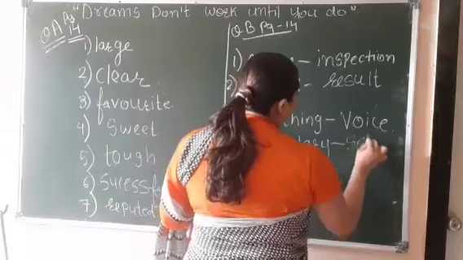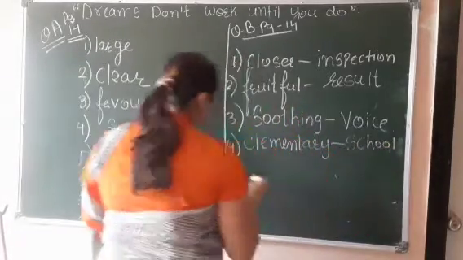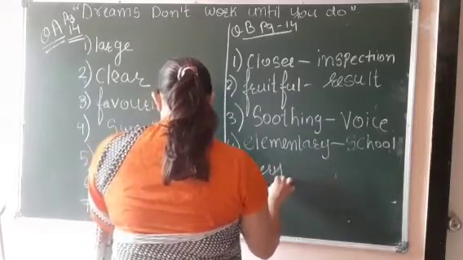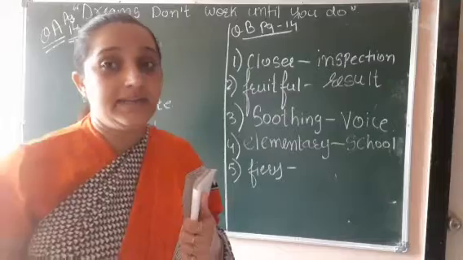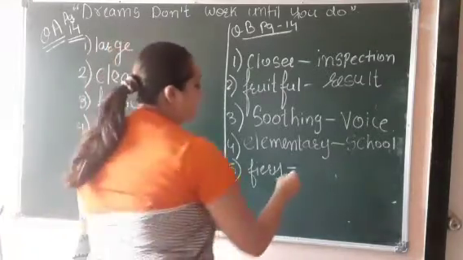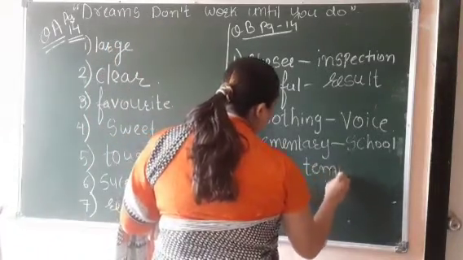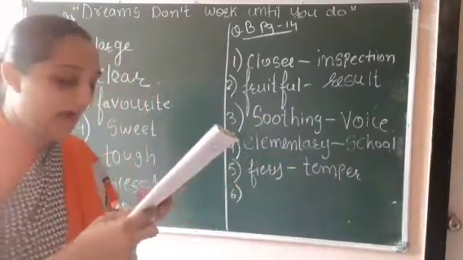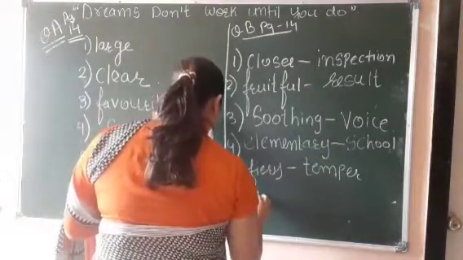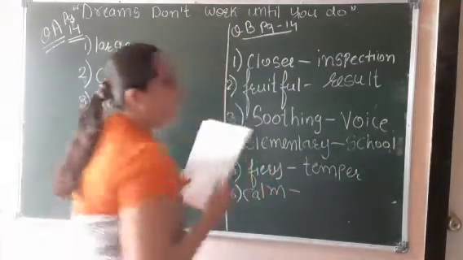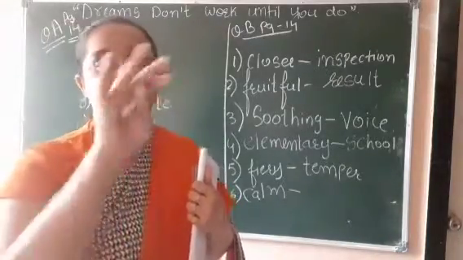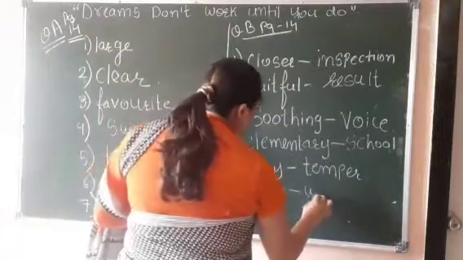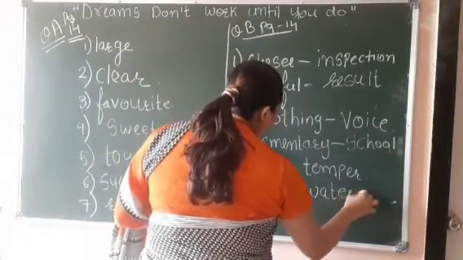Some schools are elementary schools, right? Now, fifth, fairy. Fairy, temper, right? Then, calm. Calm waters, right? Sometimes waters are calm. So calm waters.